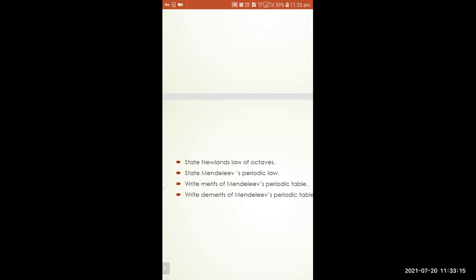Mendeleev's periodic law states that elements are placed in increasing order of atomic masses. Yes, and they are the periodic function of the atomic masses.